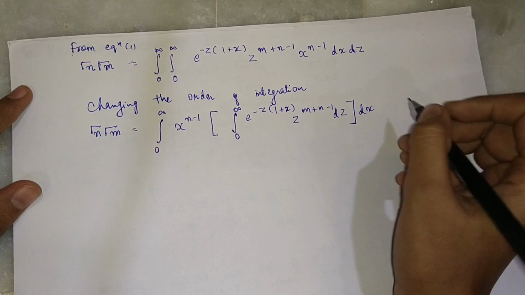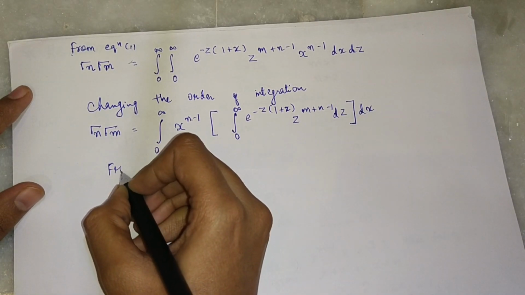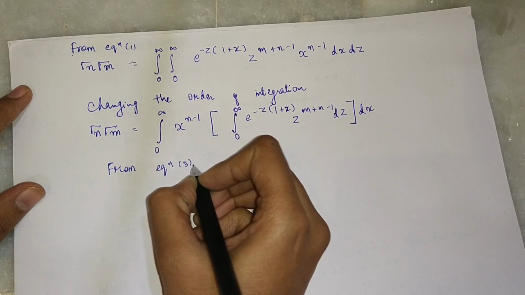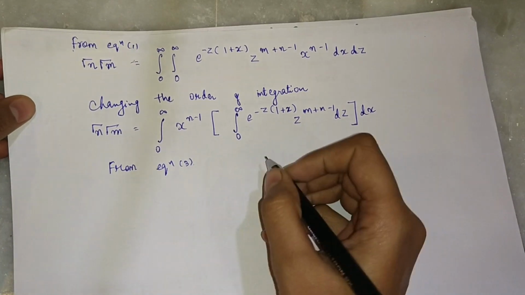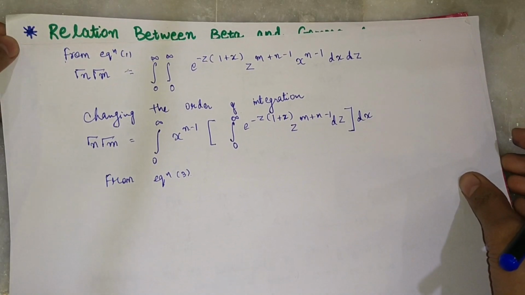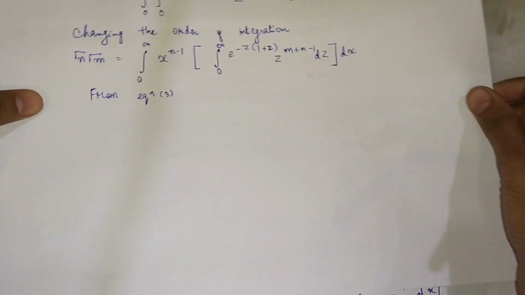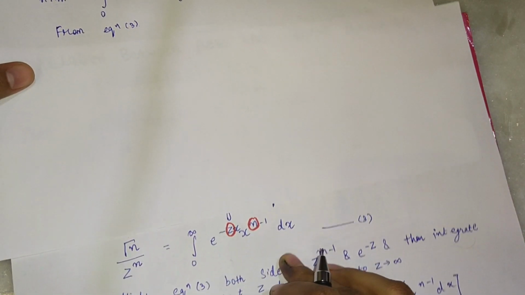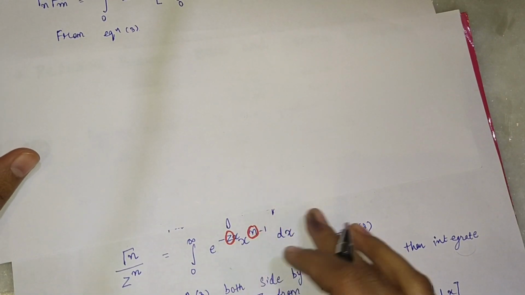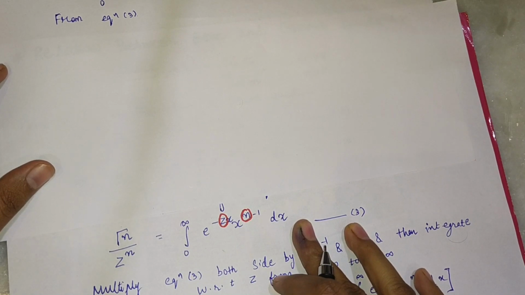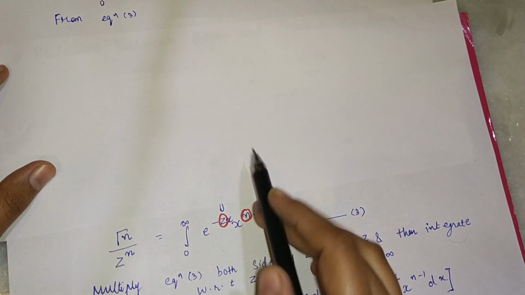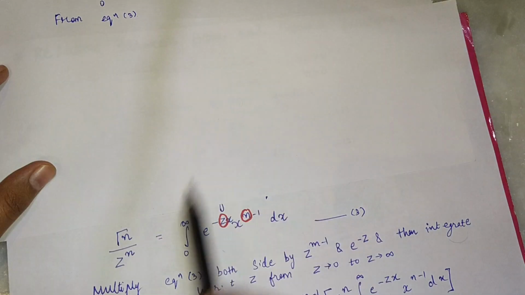So now from equation 3 we can write, so what was our equation 3? This is our equation 3. Okay, so I told you that this equation will be useful in the further proof. So from this we can directly write this term.